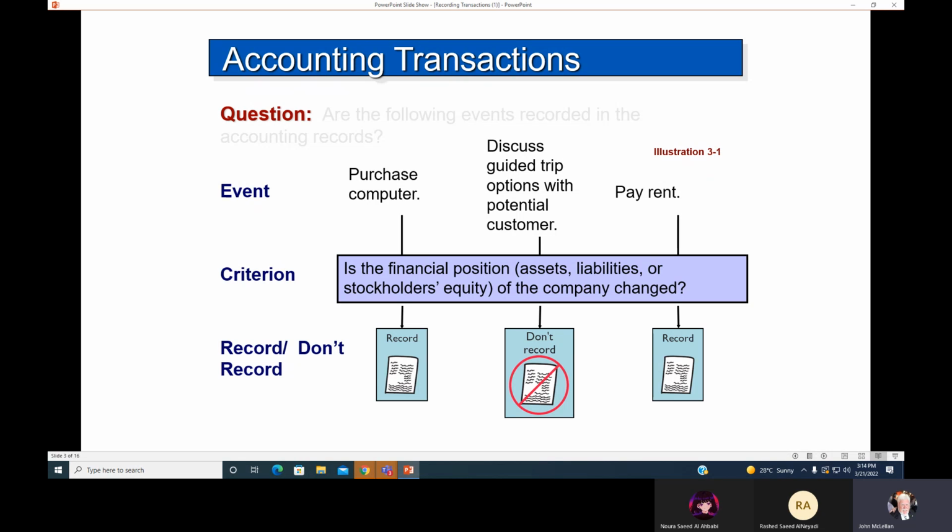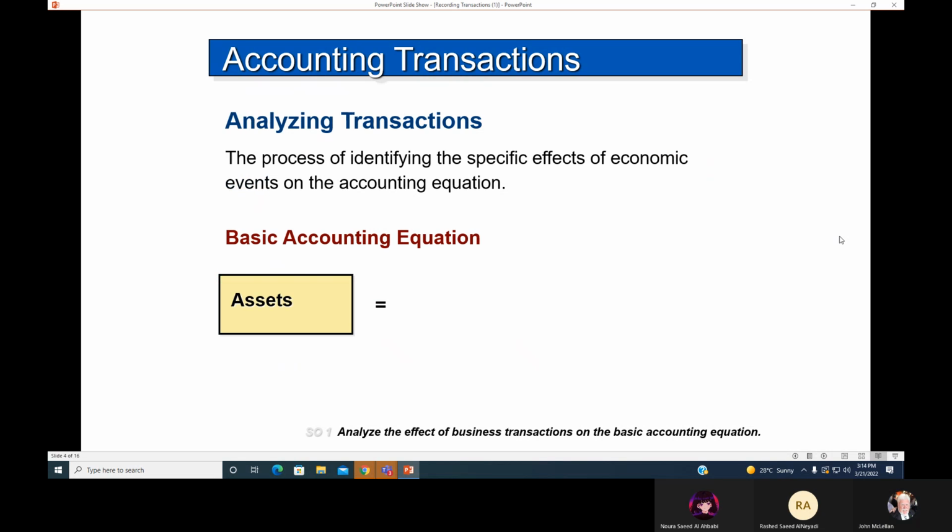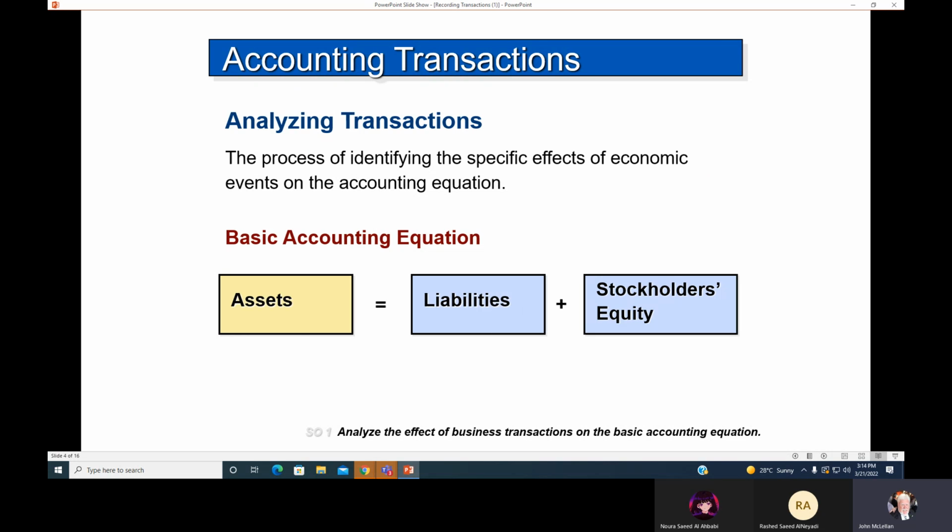When I talk about the accounts of the business, there are asset accounts, liability accounts, and equity accounts. When I analyze business transactions, I do that in relationship to the basic accounting equation. Think of the balance sheet. Assets equal liabilities plus shareholders' equity. Recall, assets are the resources that the company owns.